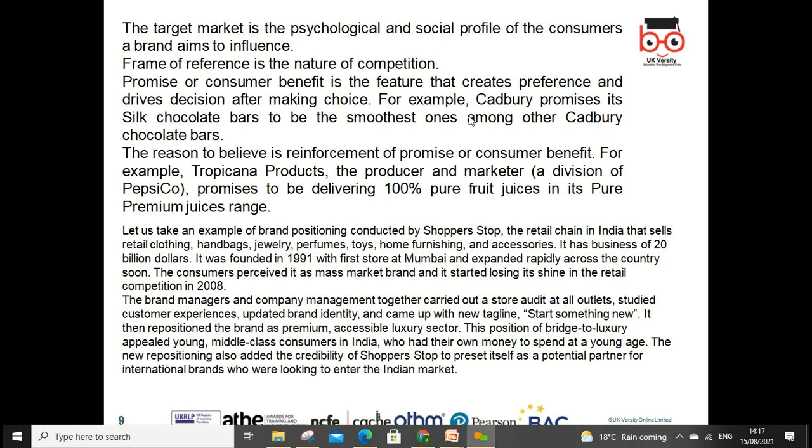Consumers perceived it as a mass market brand, and it started losing its shine amid retail competition in 2008. The brand managers and company management together carried out a store audit, outlet studies and consumer experience studies, updated the brand identity, came up with a new tagline, and started something new. So we need to think about how this is one other example which we can use. Anybody any question, guys?